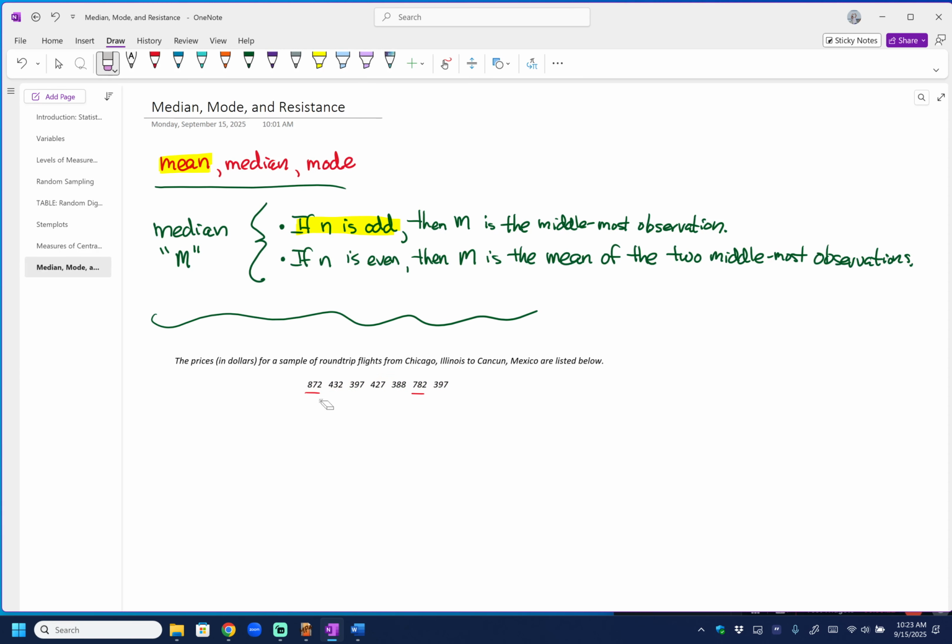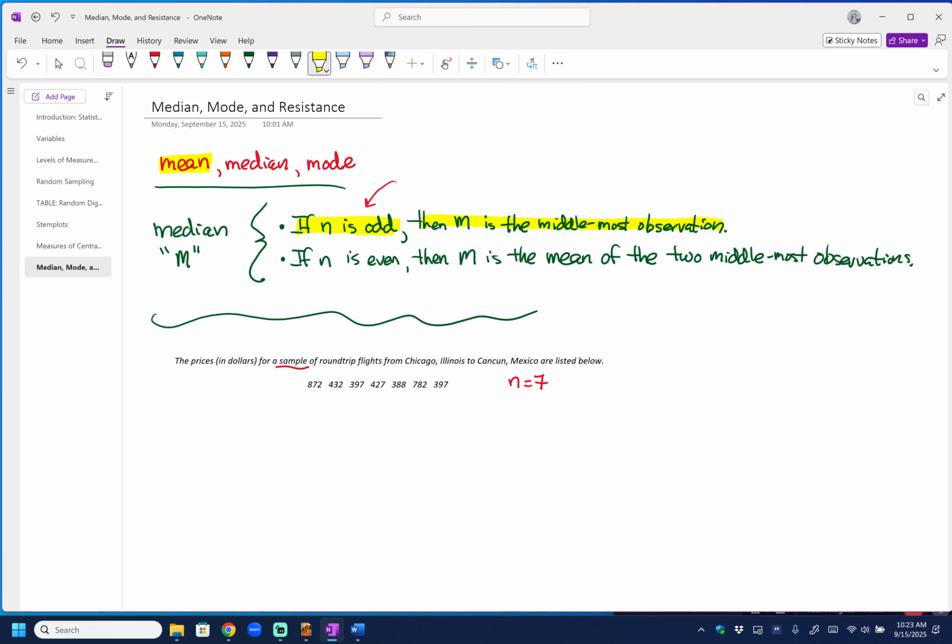The key though is that we are dealing with a sample, therefore our sample size is 7. Lowercase n, remember, is sample size. This puts us in the odd scenario because we have an odd number of observations. So what will the median be according to our process here?